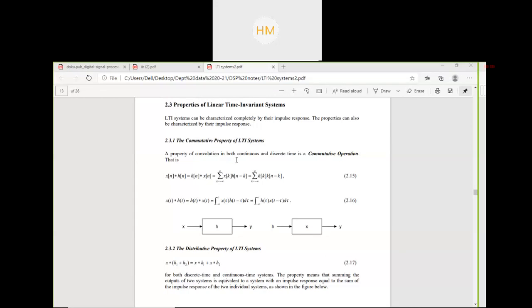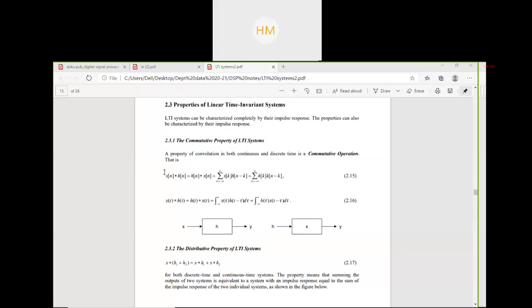Commutative property of LSI systems. The property of convolution in both continuous and discrete time is called commutative operation. So what happens in commutative operation? It's shown in the figure. You can change the order of inputs. X of n into h of n is equal to h of n into x of n. Here it is shown first x multiplied by h. Then in second diagram it is shown h multiplied by x. Both will give you the same result.